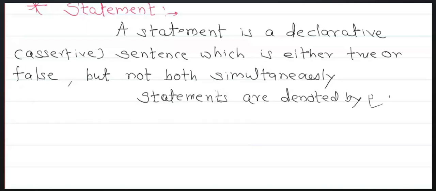Statements are denoted by small letters p, q, r, s.